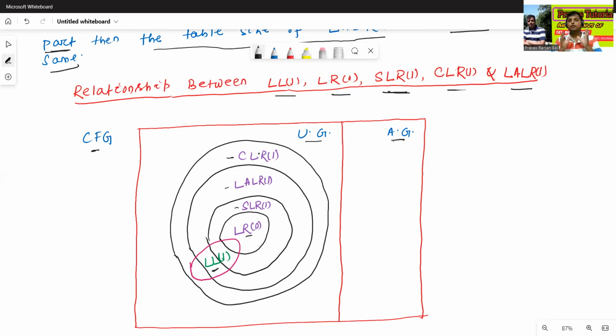So this is the overall relationship between top down parsing and bottom up parsing, or we can say the LL1 parser, LR0 parser, SLR1 parser, CLR1 parser, and LALR1 parser.